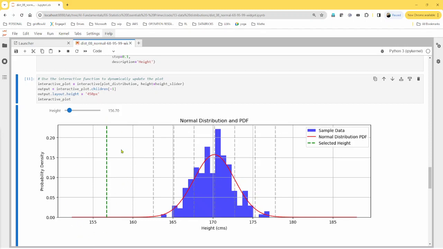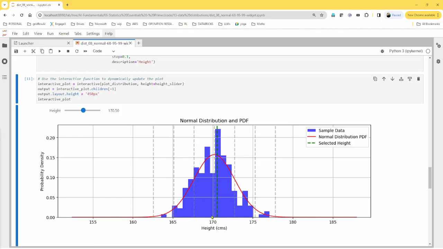So that shows that in case of normal distribution, the probability of the variable being around the mean is highest. For example, here let's make it 170 again, and you will see that the PDF is the highest towards the center somewhere here.